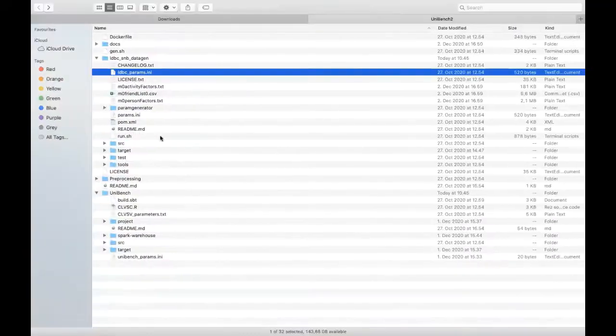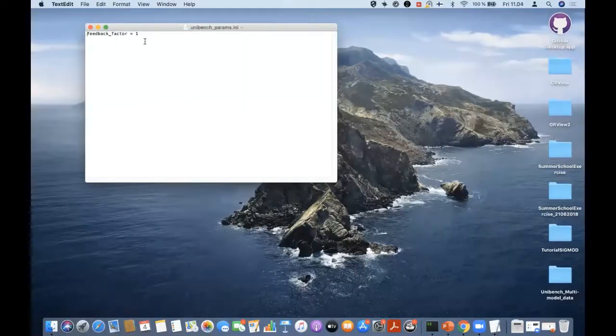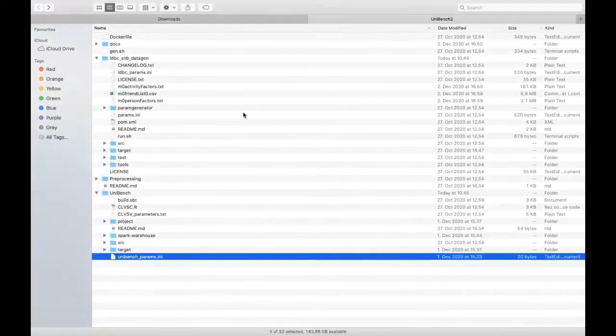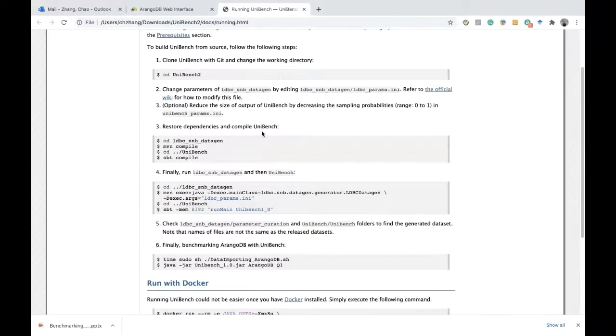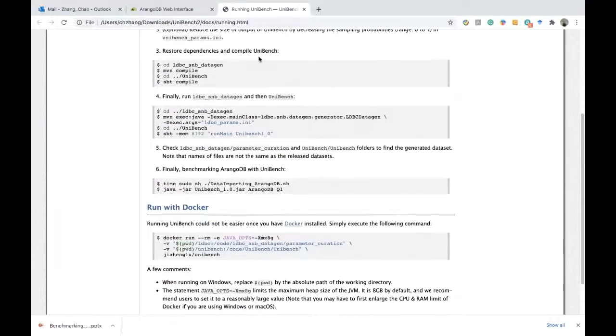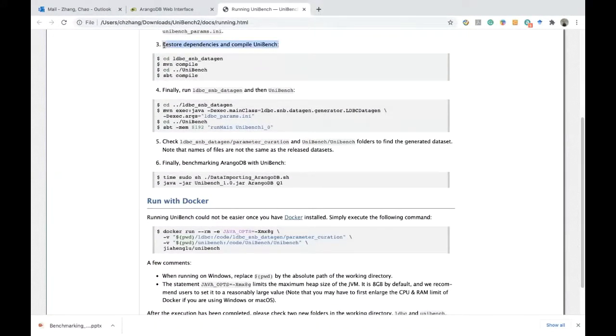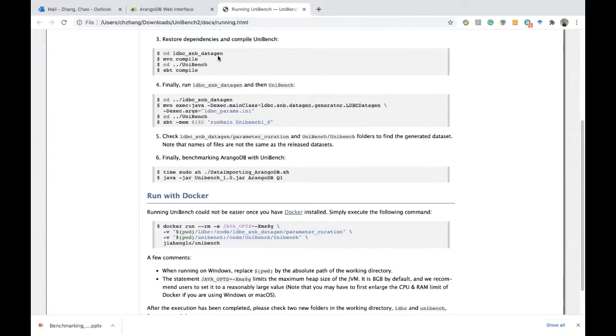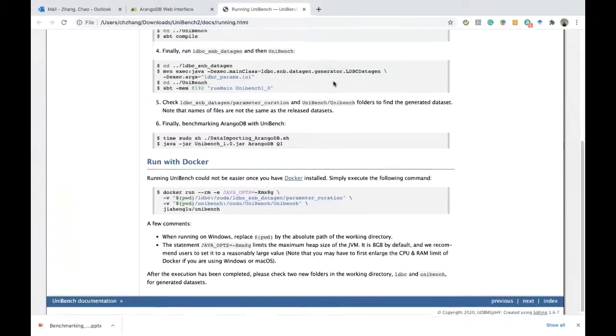And similarly, we use the scale factor 1 for the multimodel data generation. And then we restore the dependencies and compile UniBench. We compile LDBC as a Maven project, and we compile UniBench as an SBT project.